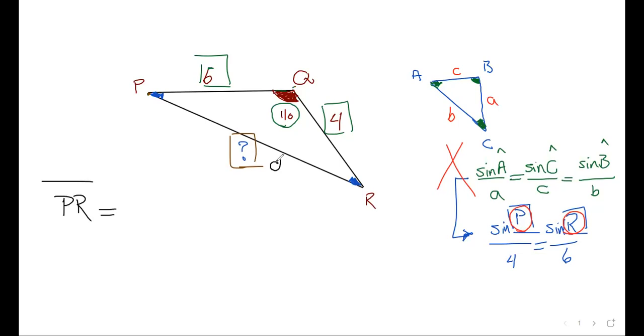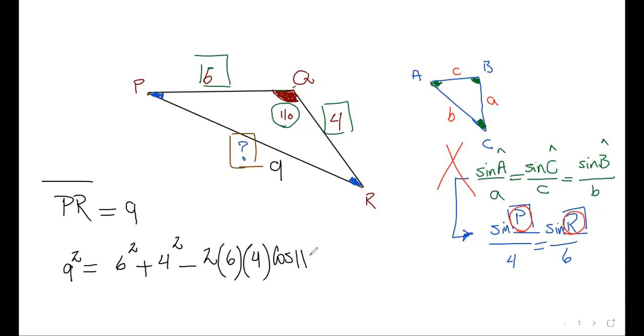If I call it Q, because this is spaced like that, PR, if this is Q, I'm going to write Q squared is equal to 6 squared plus 4 squared minus 2 times 6, which is A, and times 4, cosine of 110. How much is cosine of 110?